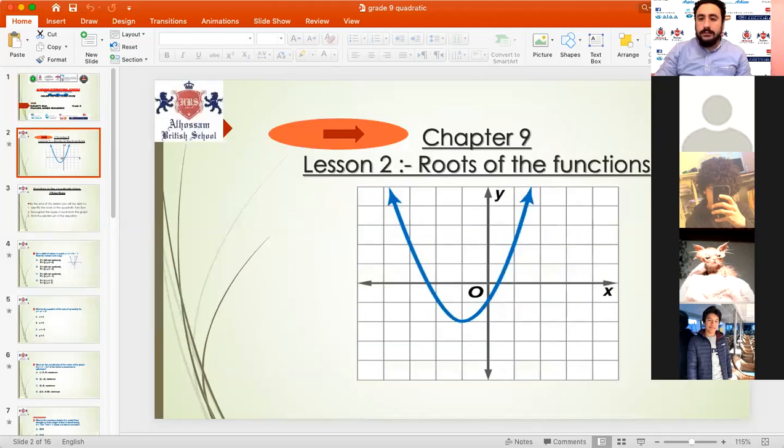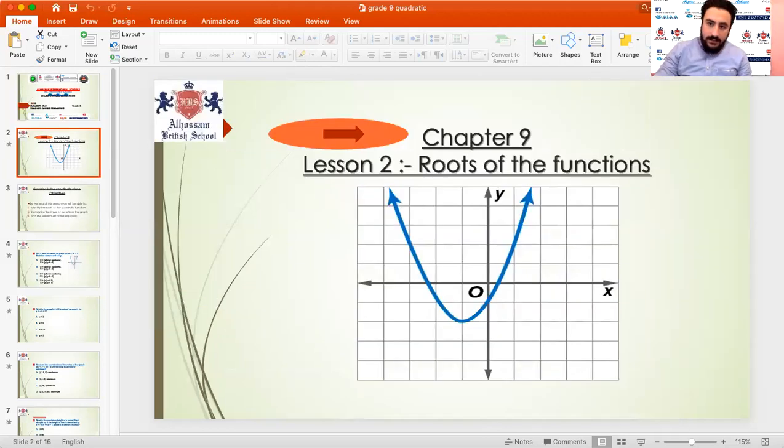Okay, so our lesson, as we talked about in the last live session, is about quadratic functions.